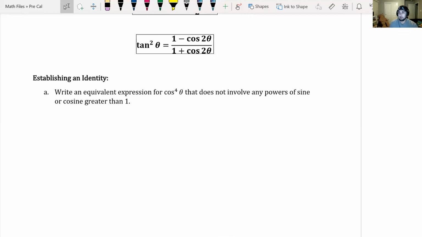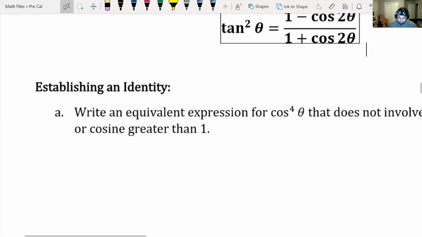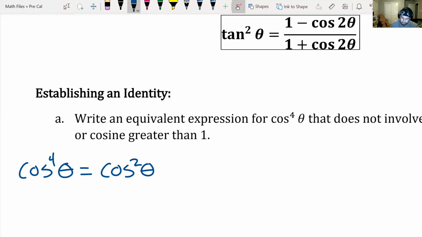So, here we go. First thing we're going to do is take cosine to the 4th theta and break it apart. We're going to make this into cosine squared times cosine squared theta.